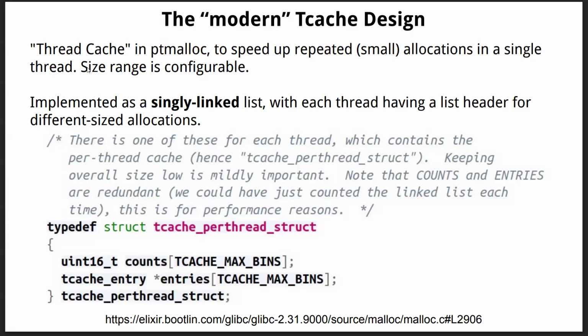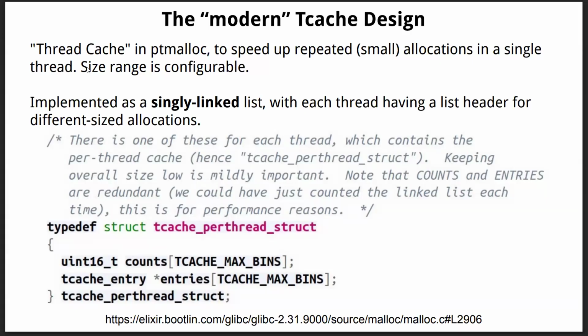Then we have another field, which is also an array, and that is the entry. Okay. That is basically the head of each singly linked list. The whole thing is called a tcache_perthread_struct. And here we have the tcache_entry.